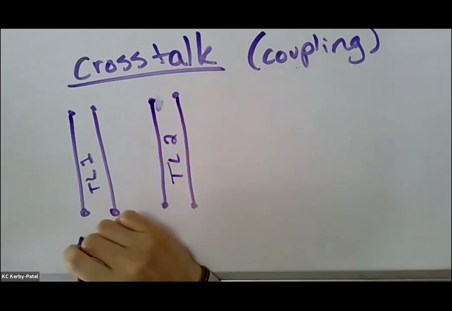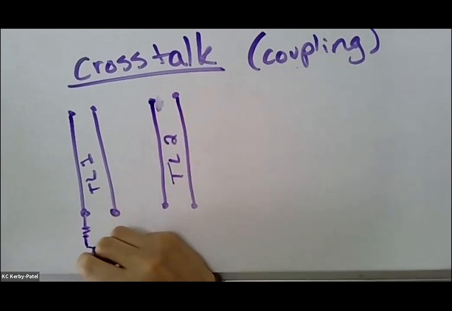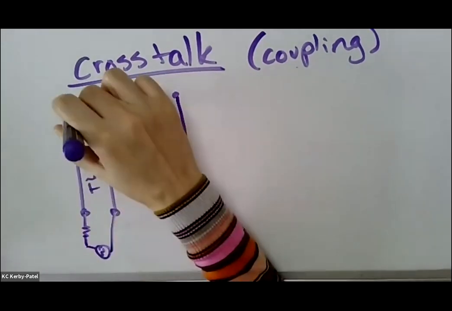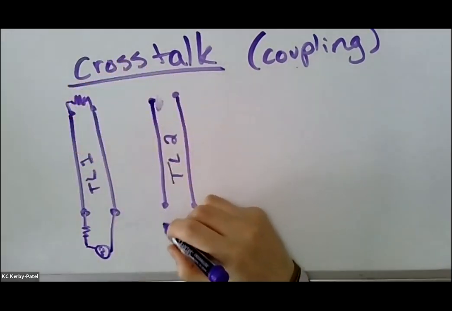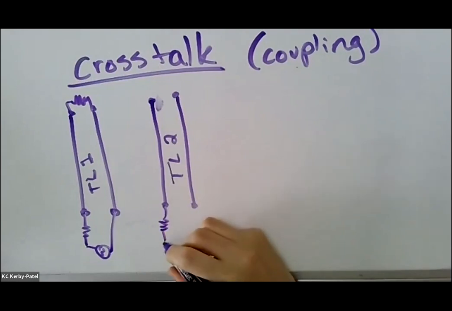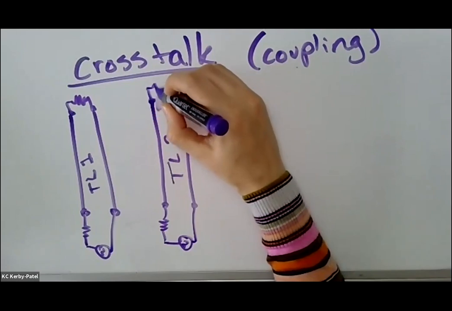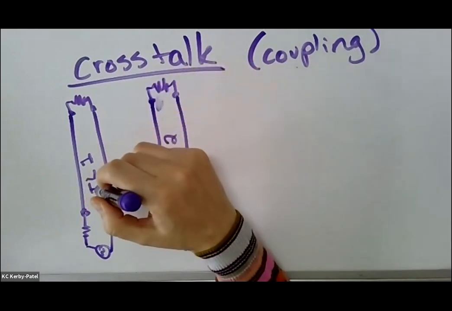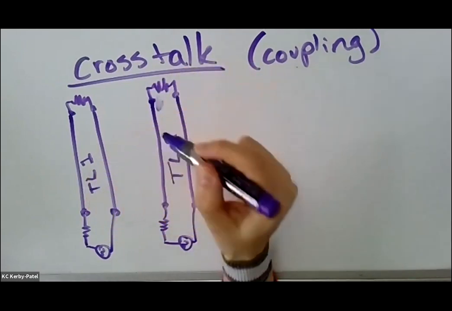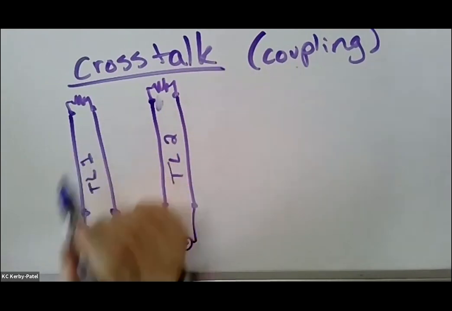And let's say this time that there is a strong magnetic field that isn't very well confined between the two wires of transmission line number 1. So maybe you end up with a situation like this.